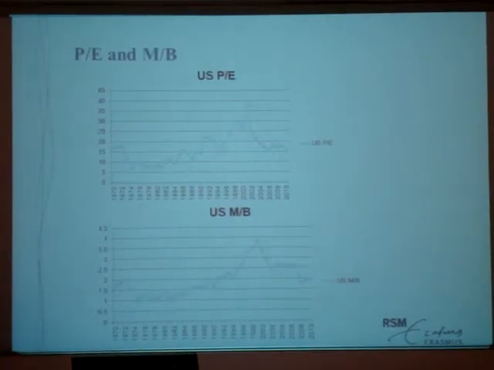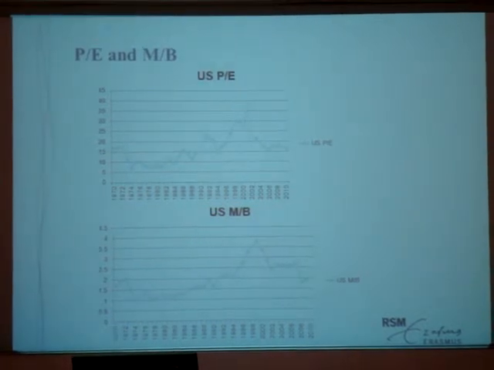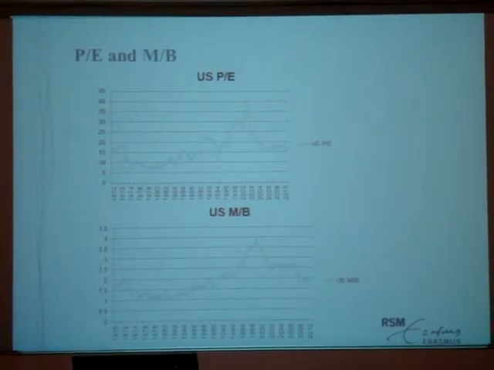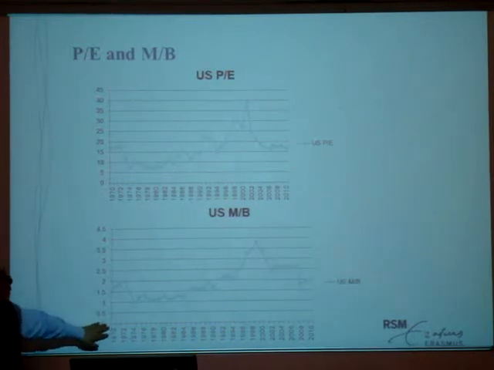So let's see the price earnings ratio and market book ratio, which are related to valuation. Basically, a high price earnings ratio or market book ratio suggests we want to pay much more. So we want to pay more for the firm. That's for the US. Because we have longer data, I started from the 1970s.